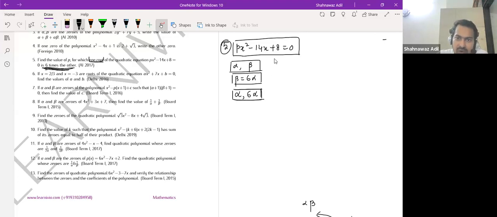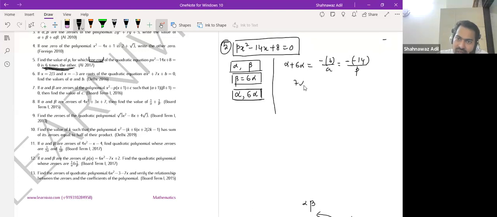And we know the sum of the roots. So what would be the sum of the roots? Alpha plus 6 alpha. This should be minus b by a, which is minus of minus 14 by p.